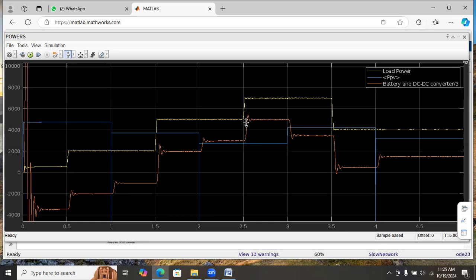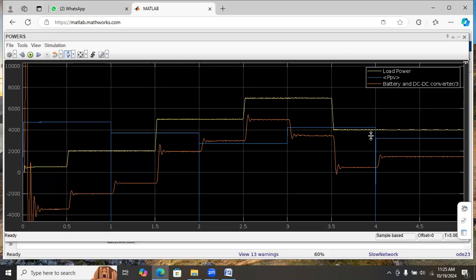And after 2.5 seconds, when the load demand is increased, the battery discharging power is also increased. After 3 seconds, power generation slightly increased. So the battery discharging power is reduced. After 3.5 seconds, the load demand is reduced. Again, the battery discharging power is nearly zero.